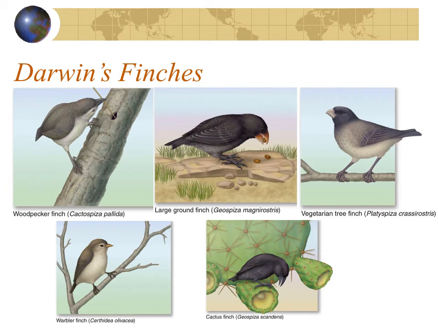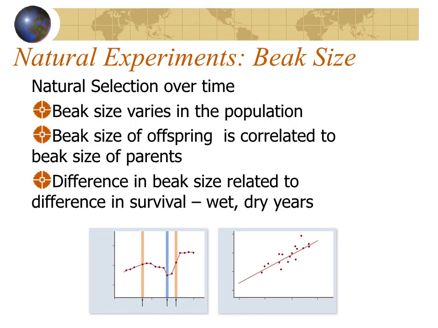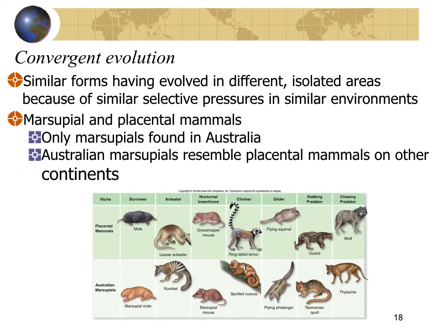And he suggested that it was natural selection over time, that birds that reached the island then had open niches, and so they could develop different size beaks. And so again, experiments since that time have shown that, and they've shown that beak shapes change in wet years and dry years with the availability of seeds.